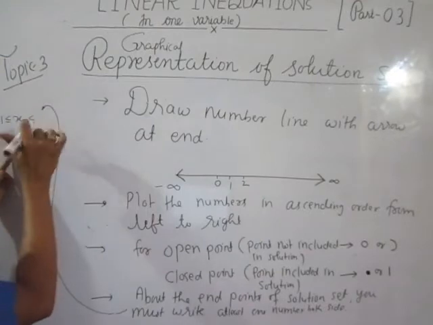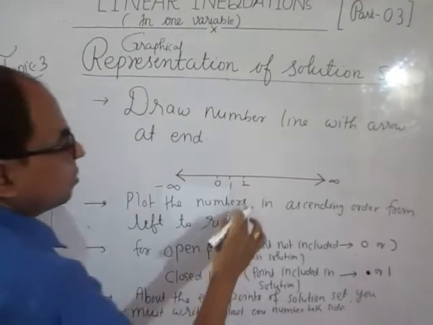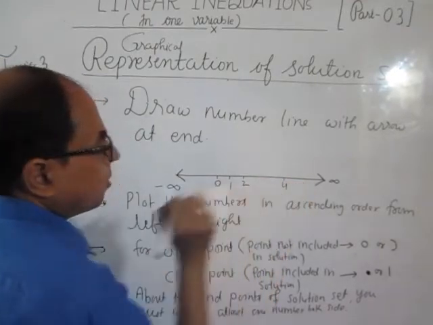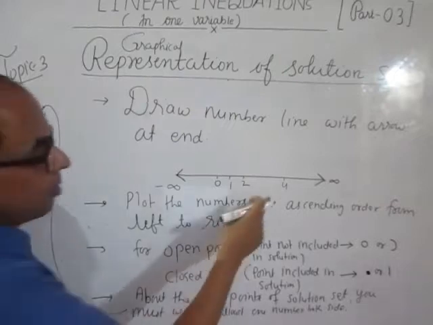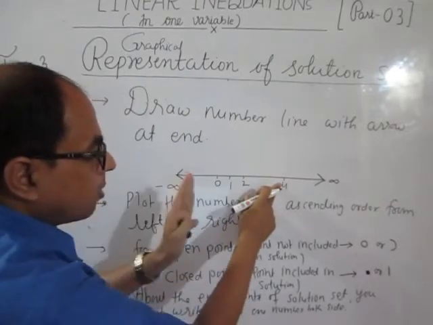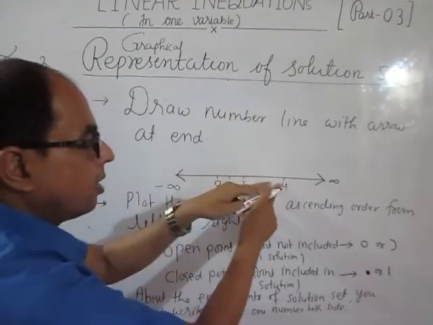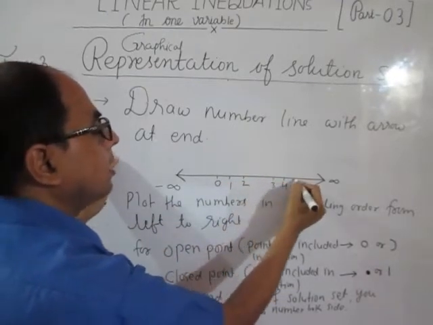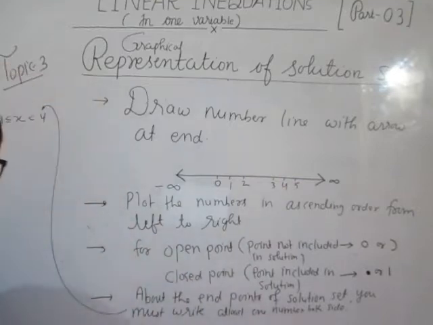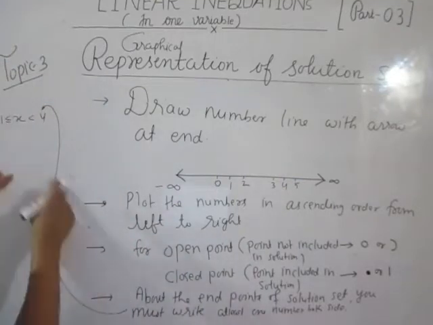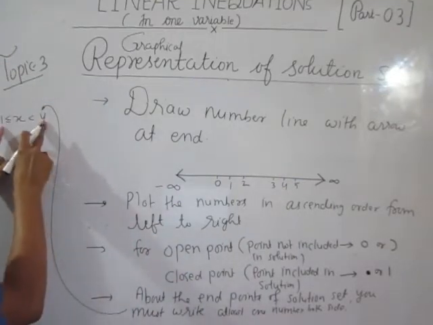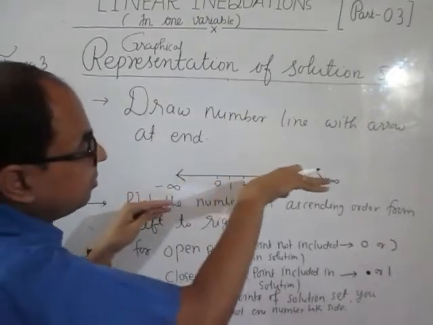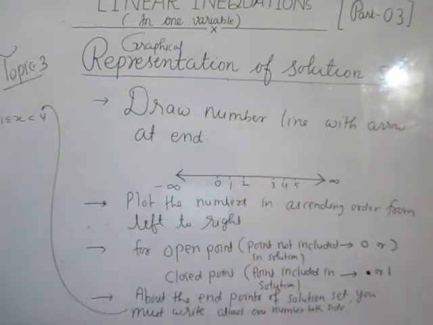Suppose I am taking here 4. So this is another end point, 4. Now about this end point, at least you have to write one number left and one number right. So it is compulsory to write here 3 and here 5. And if two end points are given to you, then you have to write all the integers between these two points.